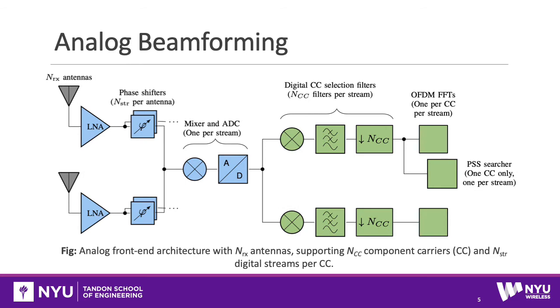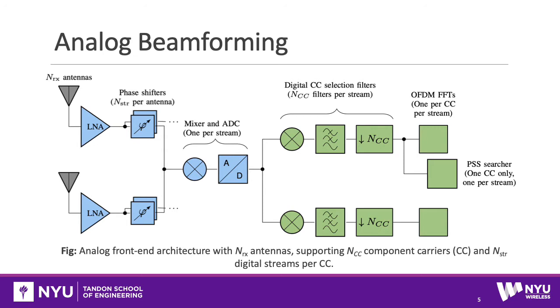Next, we have the analog beamforming architecture, where we have NRX antennas, and the signal from each antenna is passed through an LNA, and then we have one RF phase shifter per stream. Then the streams are combined, and a mixer is used to down-convert them to baseband, having one pair of ADCs per stream.